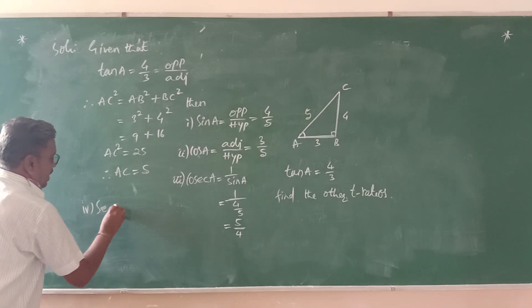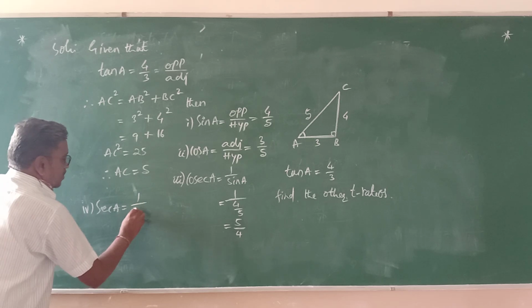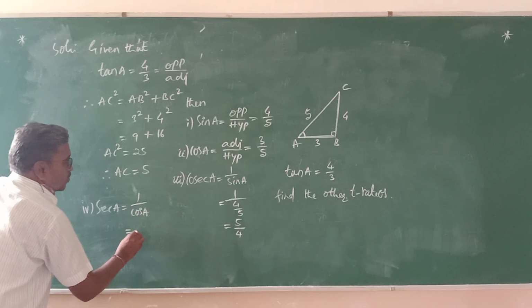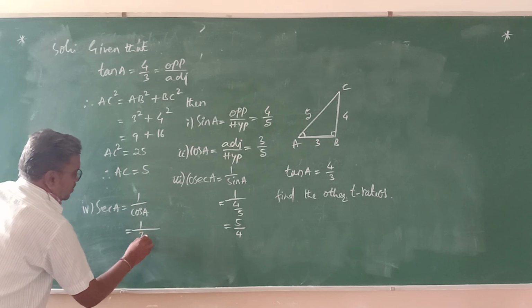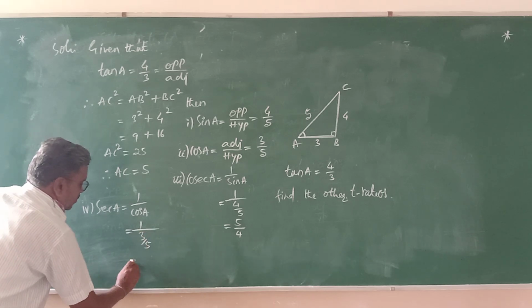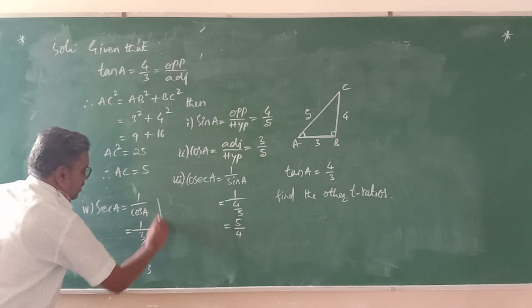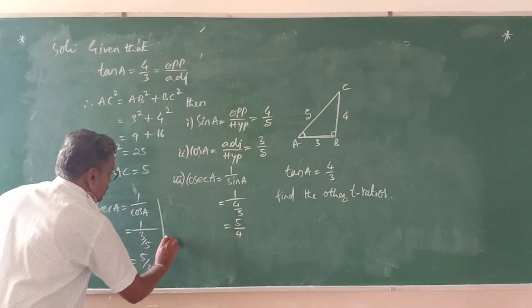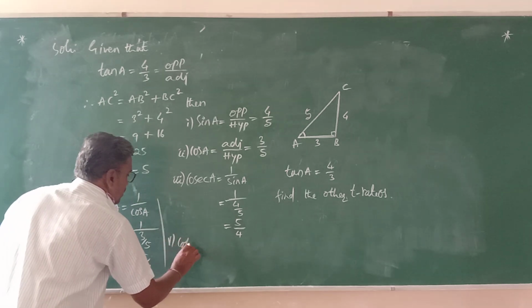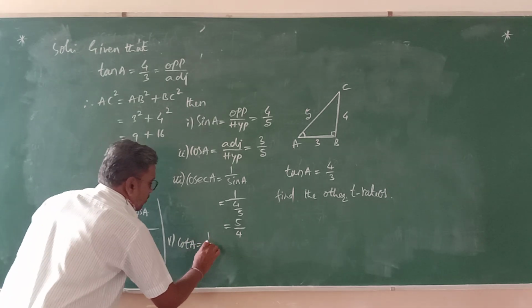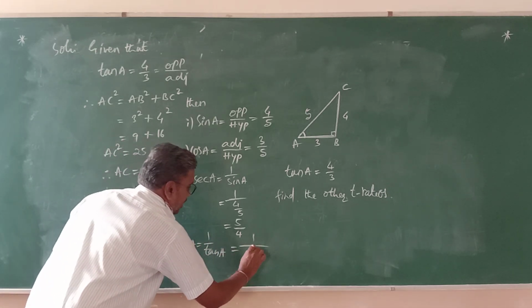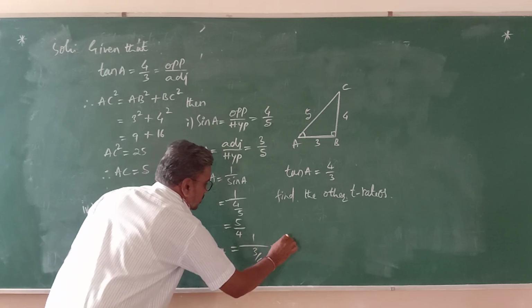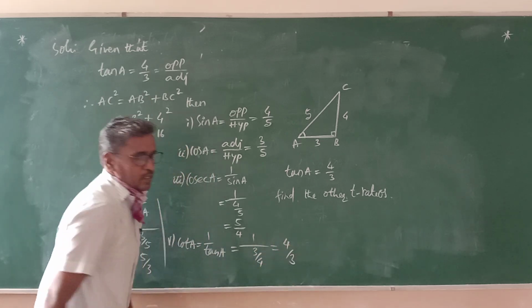Second, sec A is equal to 1/cos A, which is 1 over 3/5, equal to 5/3. And cot A is equal to 1/tan A, which is 1 over 4/3, equal to 3/4.